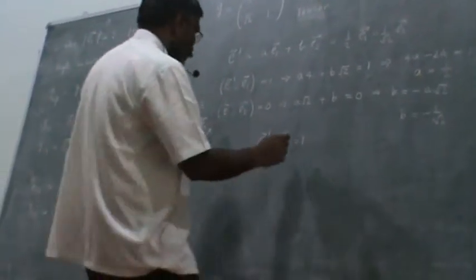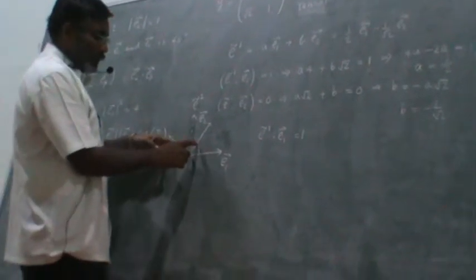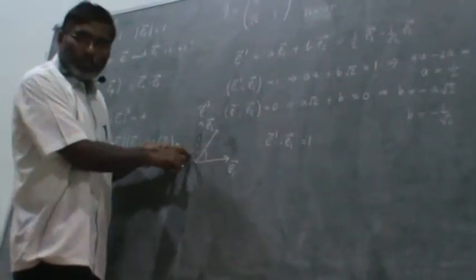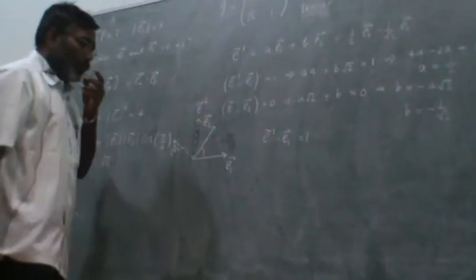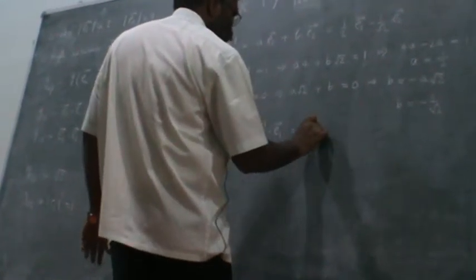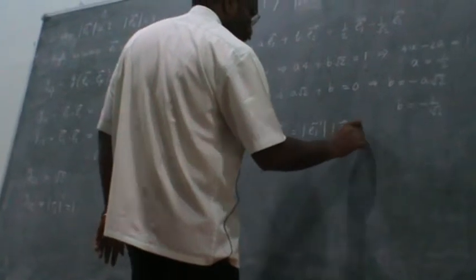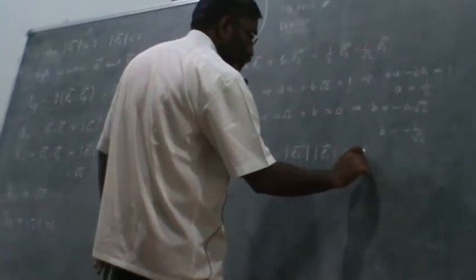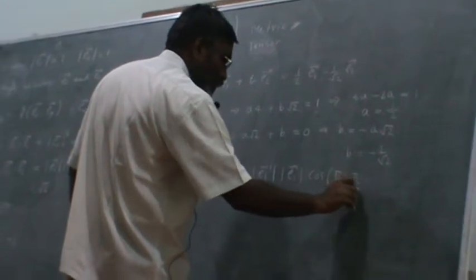Now what is the angle between E1 tilde and E1? This is 90 plus 45, right? So this is nothing but E1 tilde magnitude times E1 magnitude times cos of pi by 2 plus pi by 4.